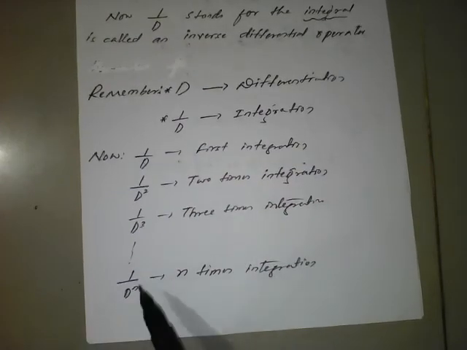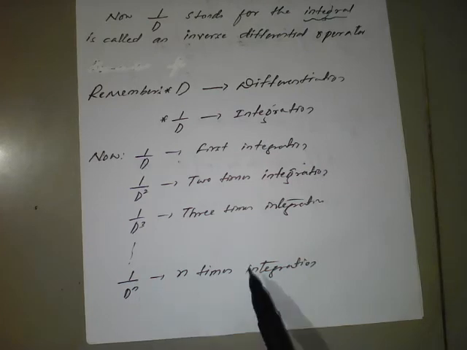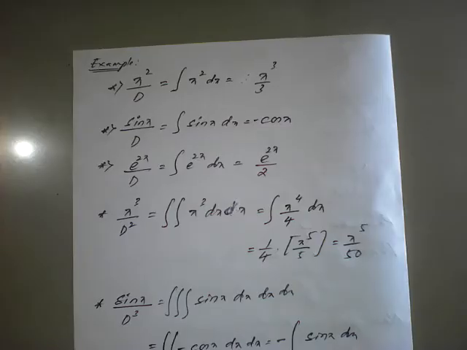And similarly 1 upon D raised to n stands for integrating n times. Based on the concept of inverse differential operator, we have seen 1 upon D, 1 upon D square, 1 upon D cube, and so on.